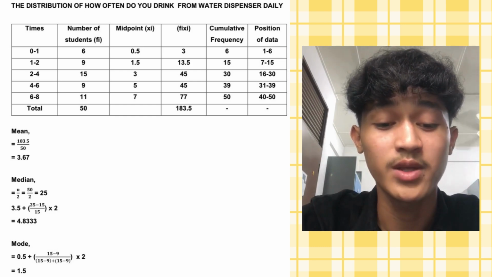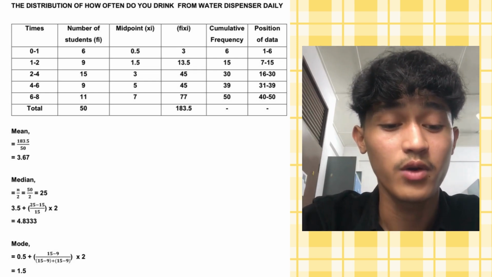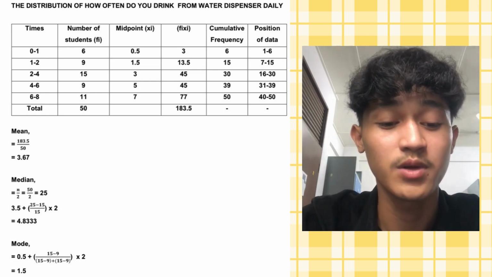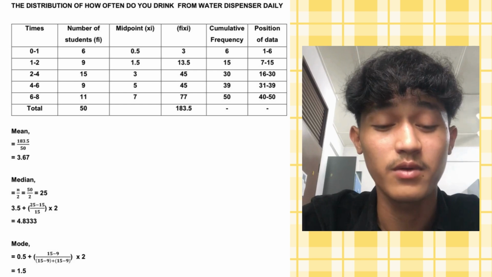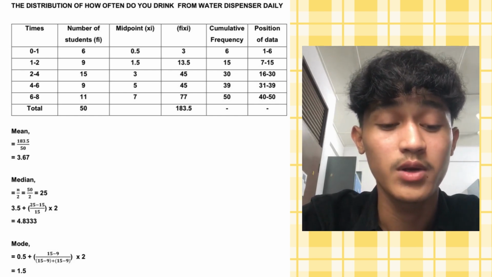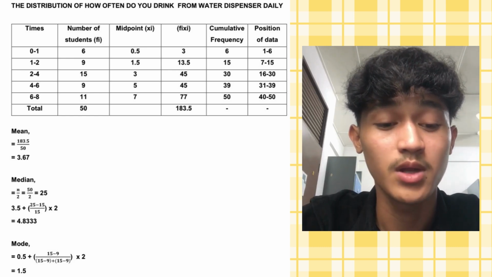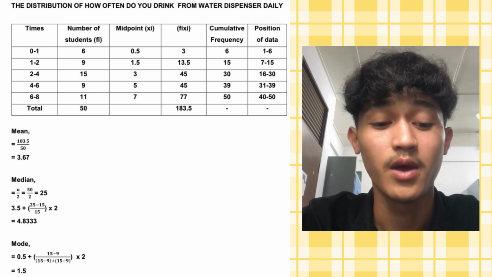The cumulative frequency is 30, and the position of data is 16 to 30. For the 4 to 6 times, number of students is 9, midpoint is 5. The cumulative frequency is 39, and the position of data is 31 to 39. For the 6 to 8 times, number of students is 11, midpoint is 7, cumulative frequency is 50, and position of data 40 to 50. Total number of students is 50.